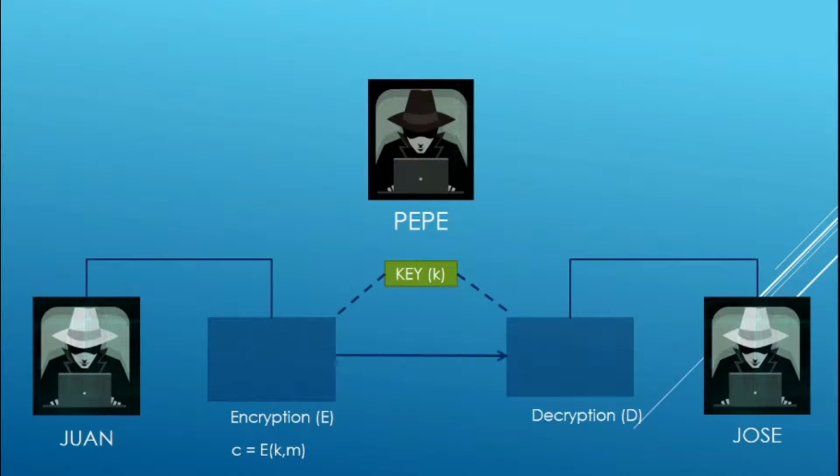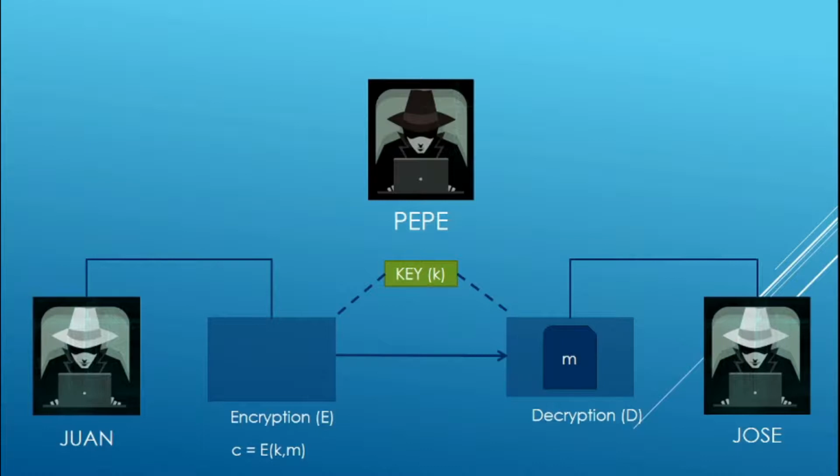And once na na-receive na ni Jose, before he can actually use the information, kailangan natin ng decryption algorithm D. So the purpose of the decryption algorithm is to transform the ciphertext from the encryption algorithm and to turn it into plain text, yung pinagmulang data niya, di ba?